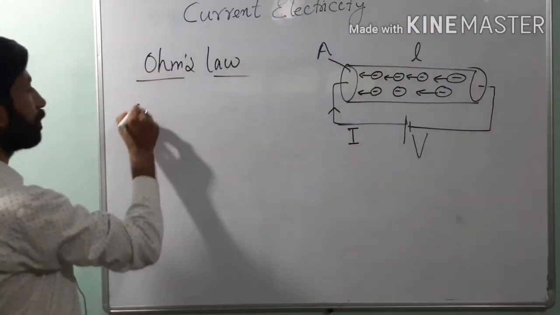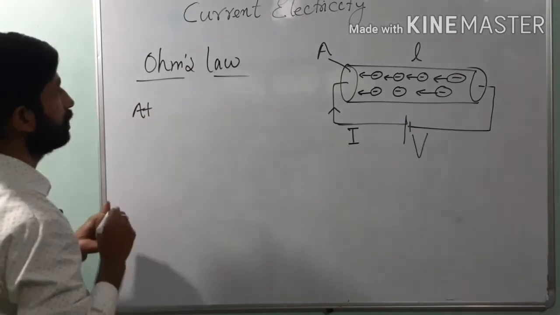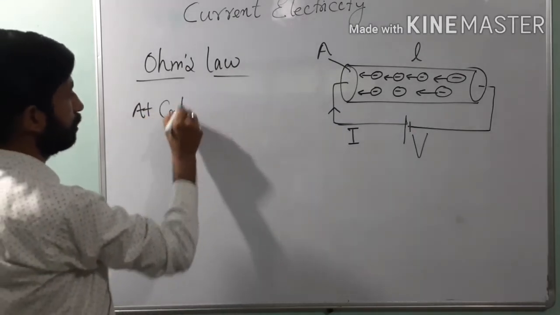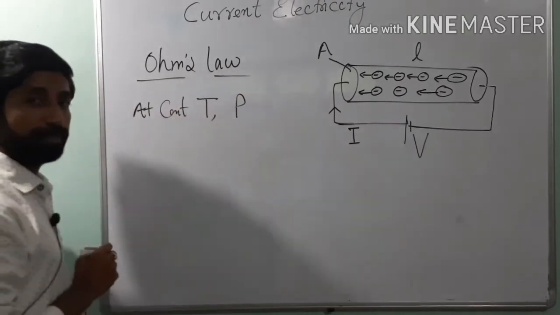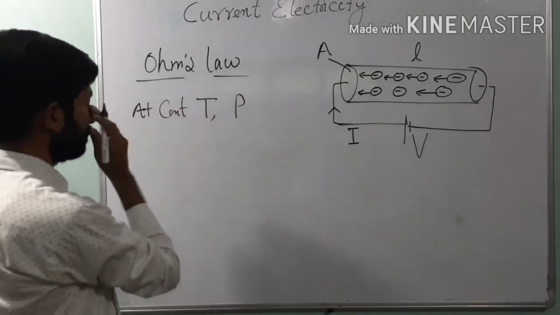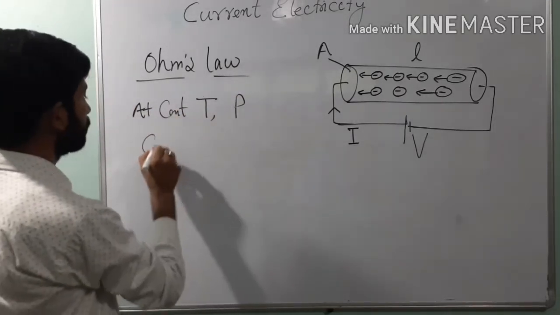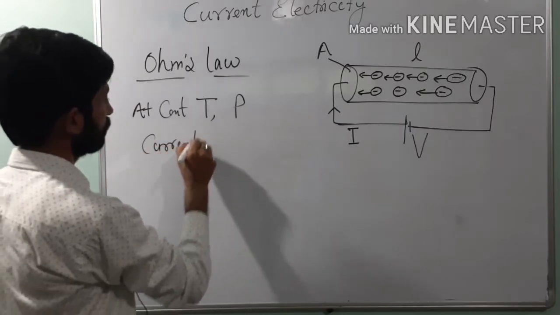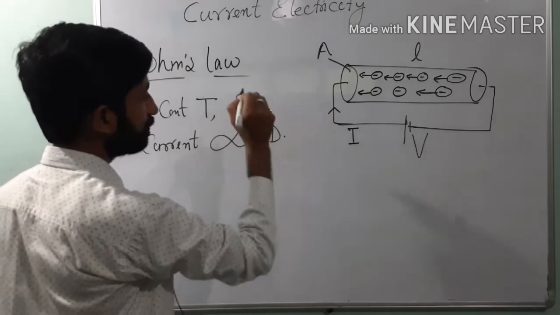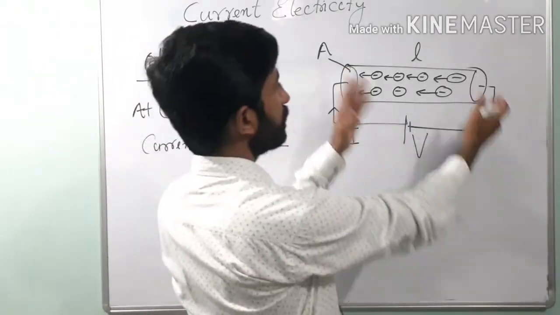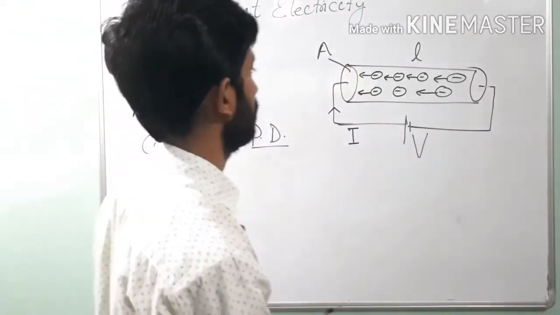that at constant temperature and pressure, the current is directly proportional to the potential difference across the ends of the conductor.